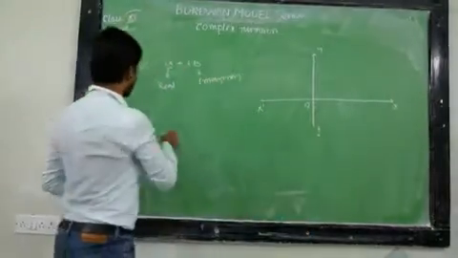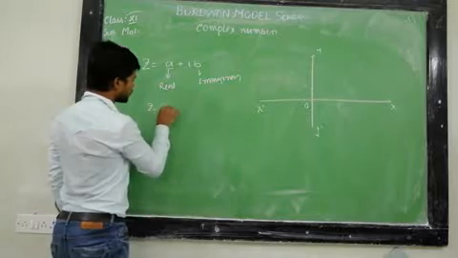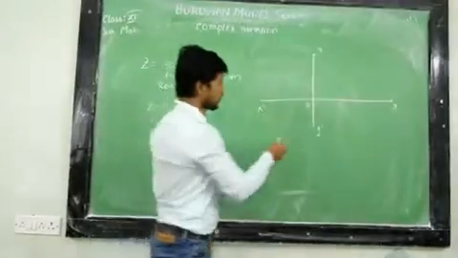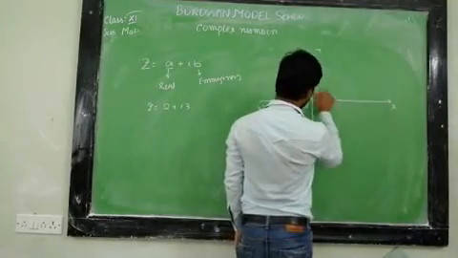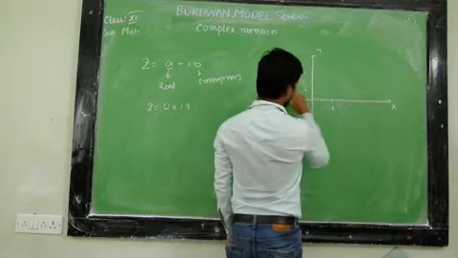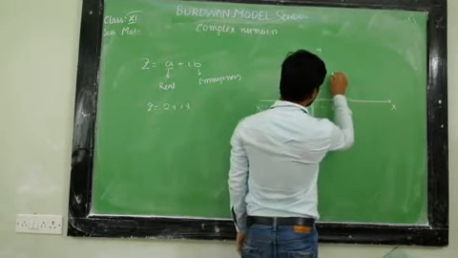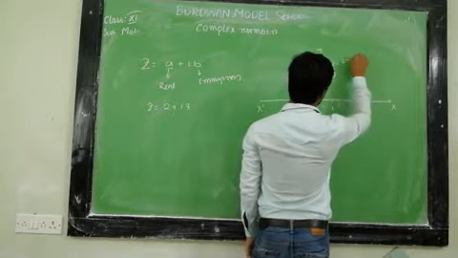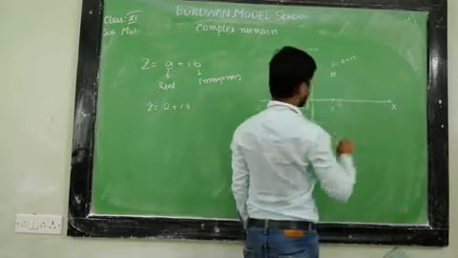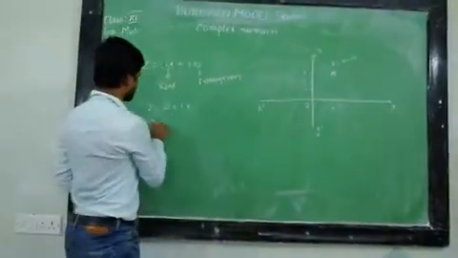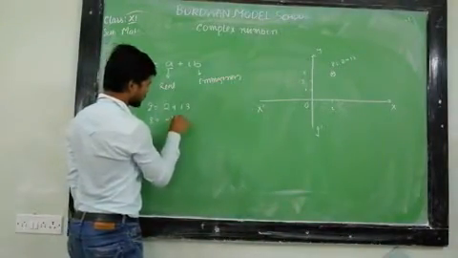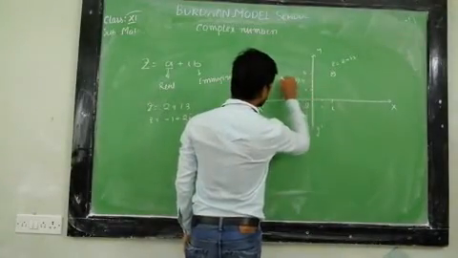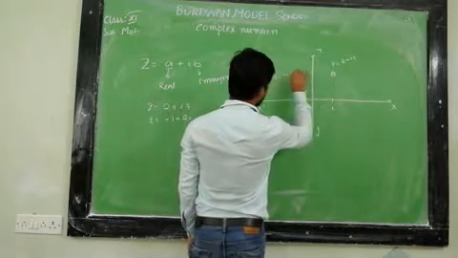For example, if I take z equal to 2 plus 3i, that means suppose this is 1, 2, and 1, 2, 3, so 2 comma 3, so this point is z equal to 2 plus 3i. If I take suppose z equal to minus 1 plus 2i, that means minus 1, this is z equal to minus 1 plus 2i.